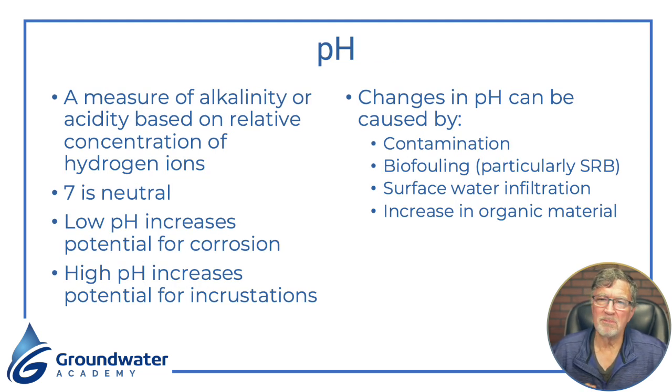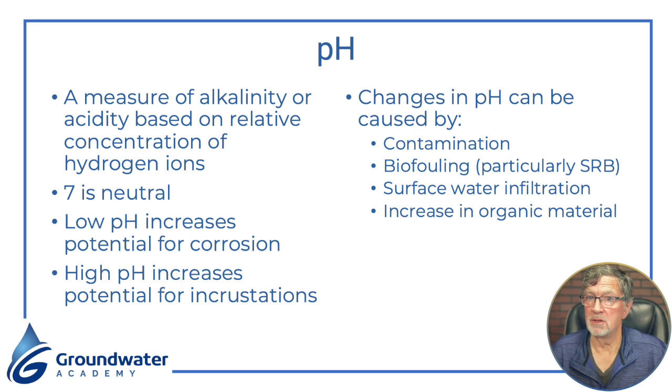pH, generally, is going to be stable in a well. If it's changing, that indicates something new is being introduced to the well. It can be the bacteria can actually change the pH, or contaminants. So you want to monitor the pH and understand what's going on there. Obviously, for drinking water, you want it to fall within generally that neutral range of 7. But monitoring the pH can tell you if there's things that are changing in your well, and you want to investigate that.